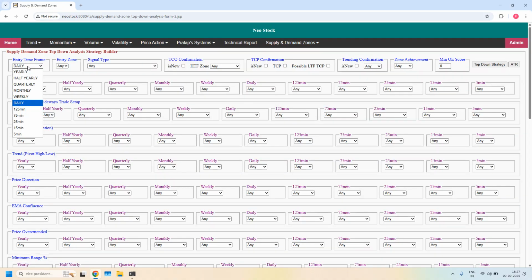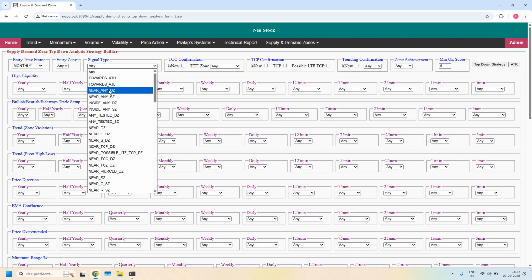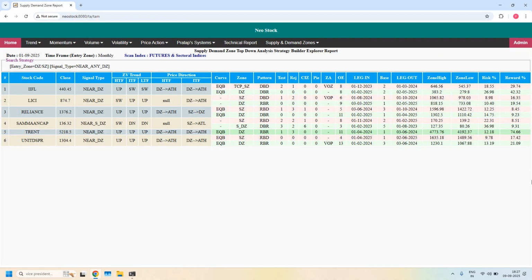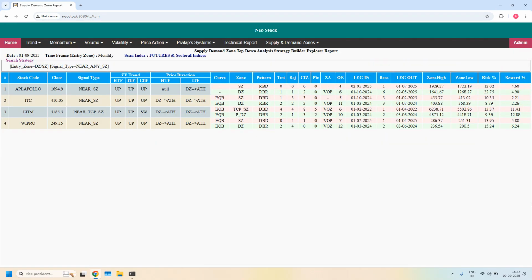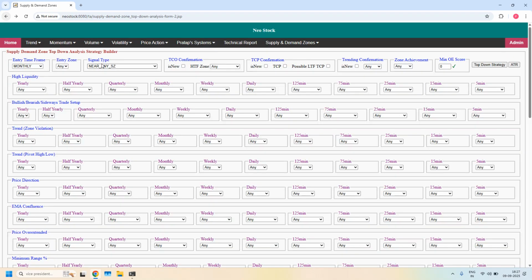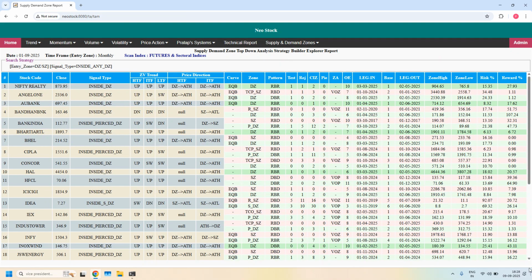Next time frame is monthly. Stocks near to the monthly demand zone, we got 6 stocks. Next, stocks near to the monthly supply zone, we got 4 stocks. Next, price closed inside the monthly demand zone, first 18 stocks in the list.